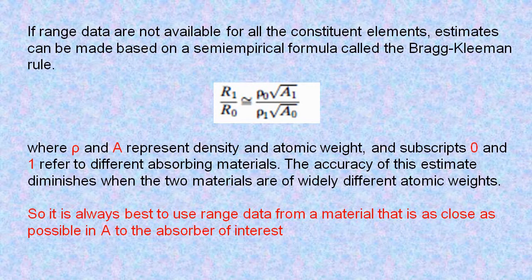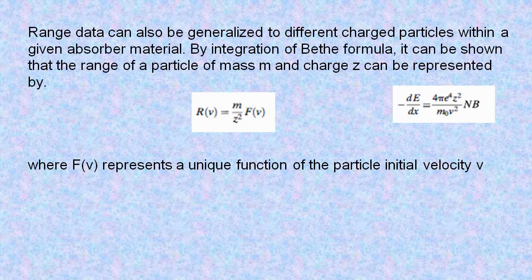If the range data are not available for all the constituent elements, it is always best to use range data from a material that is as close as possible in A to the absorber of interest. Range data can also be generated for different charged particles within a given absorber material by integration of the Bethe formula.